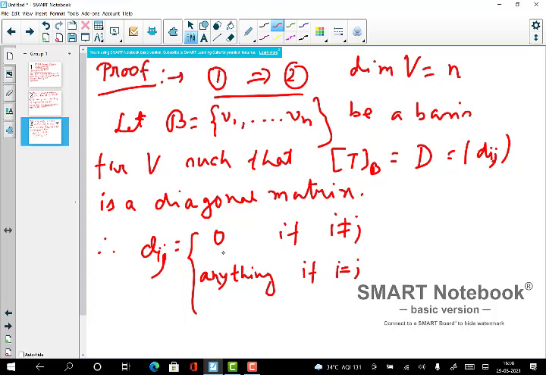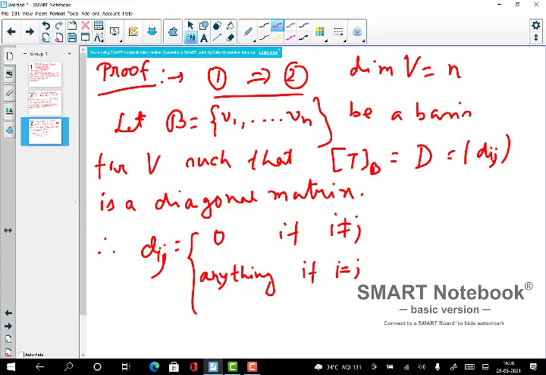That is clear to us. Now how do we prove that the vector space has a basis consisting of eigenvectors? We claim that the basis B is actually that basis.